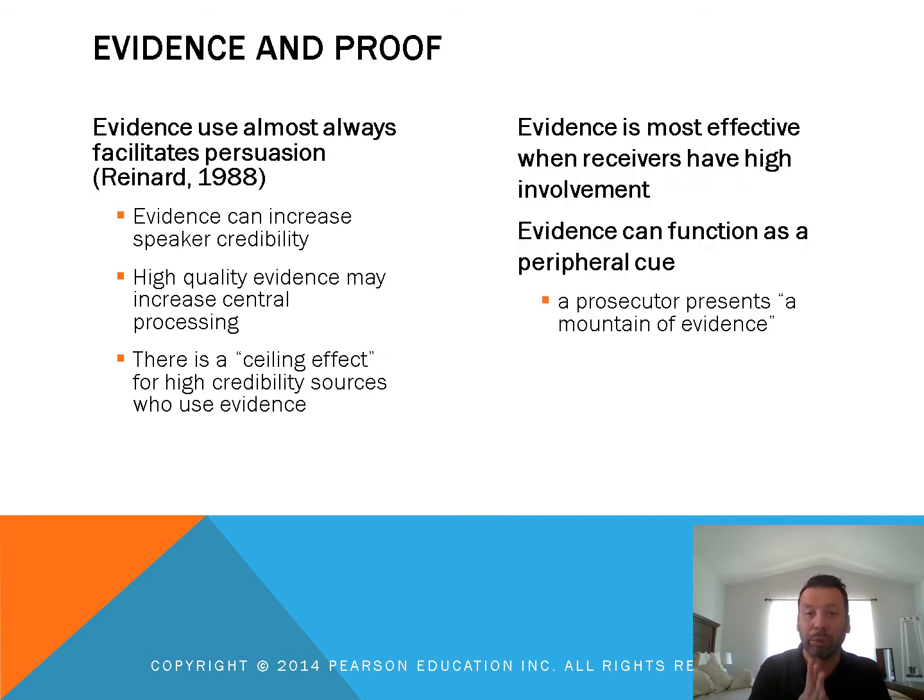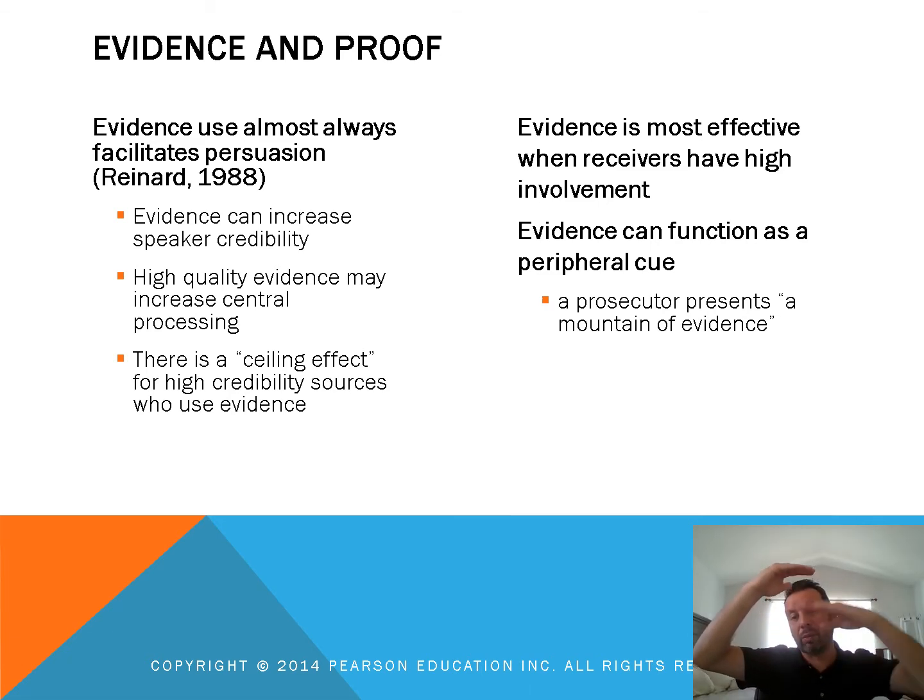Now, evidence and proof. Evidence almost always facilitates persuasion. Evidence can increase speaker credibility. We've all seen that from our speech classes. High quality evidence may increase central processing, and there's a ceiling effect for highly credible sources who use evidence. The ceiling effect means that you reach a limit.